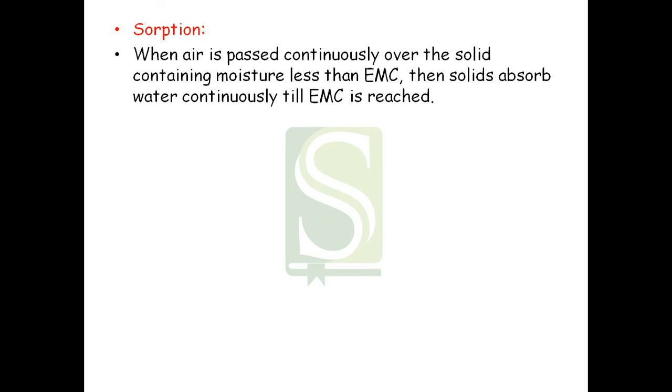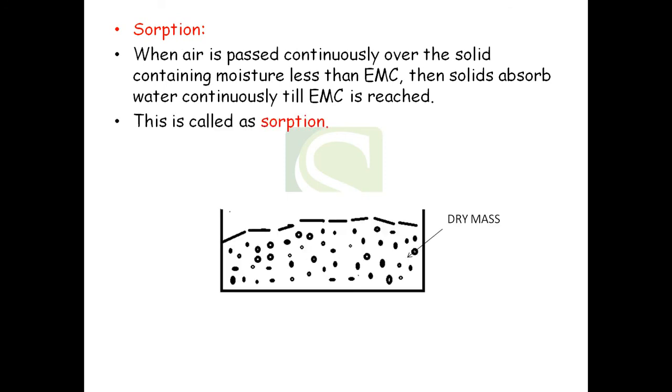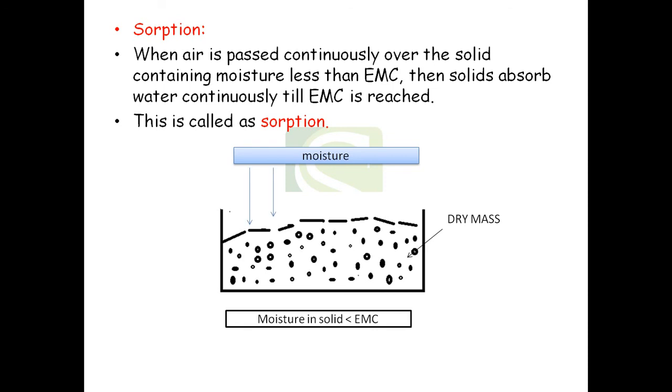Now when the moisture level in the solid is less than EMC, the material will absorb moisture from the surrounding till it reaches its EMC, and this phenomenon is called sorption. Suppose this is the dry mass which contains moisture less than EMC. At that time the moisture from the atmosphere will be absorbed into the system, and this process is called sorption.